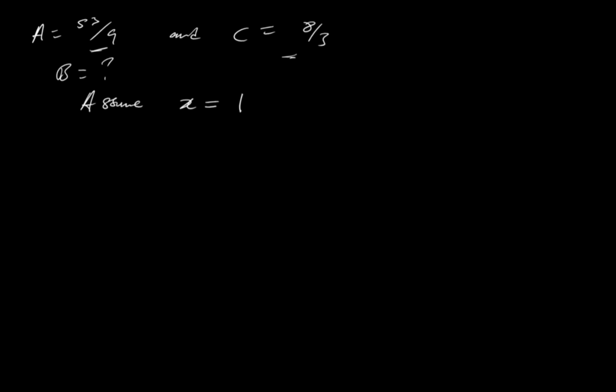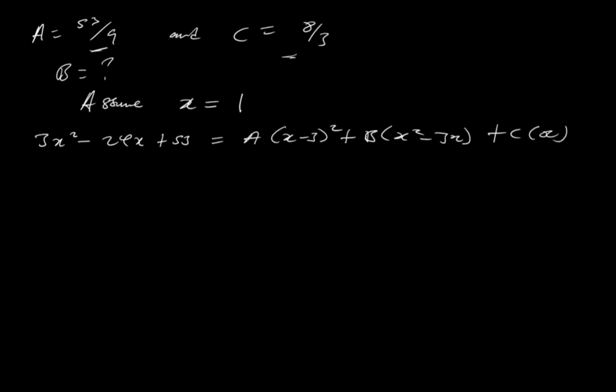Let's pick 1 from the expression 3x squared minus 24x plus 53 being equal to a times (x minus 3) squared plus b times (x squared minus 3x) plus cx. Since we know these values, let's try and substitute. So x is 1.